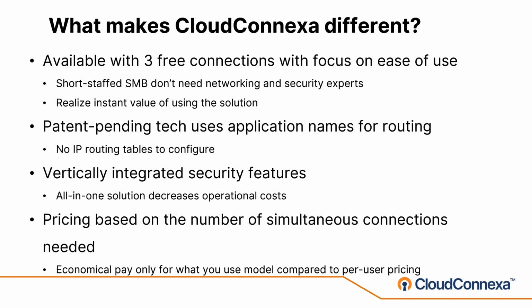So we can also handle networks with overlapping IP address ranges because the subnet IP ranges are not used. We can use application domain names for routing.